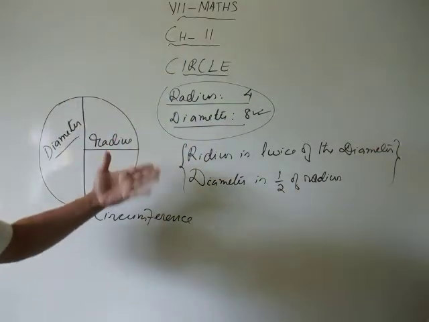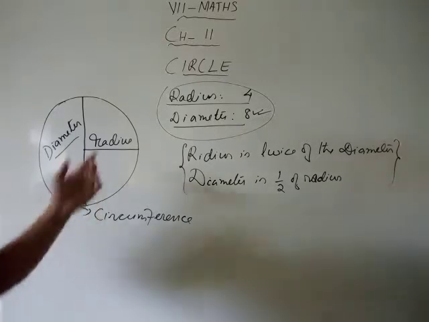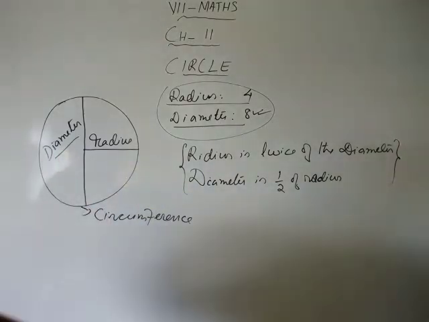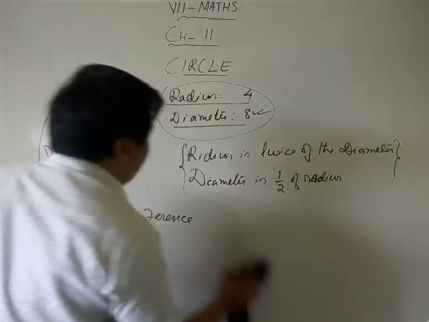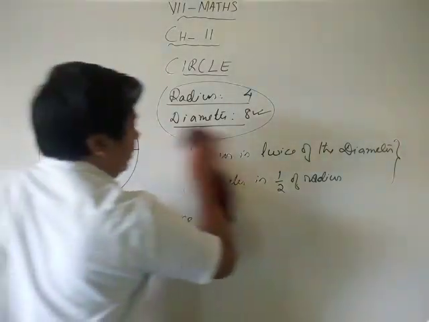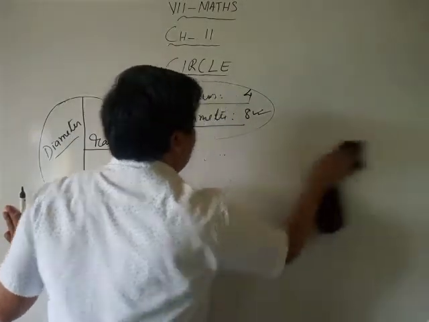So we are going to find out the area as well as the perimeter of the circle. What is the perimeter of the circle? The perimeter of the circle is the circumference.